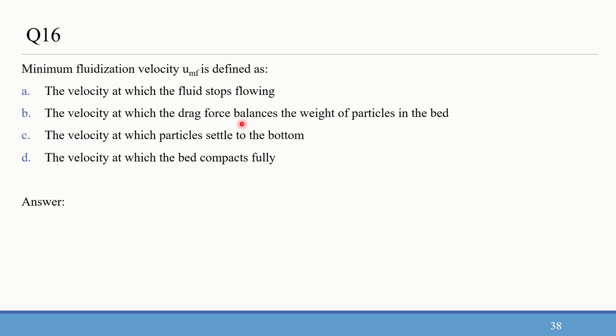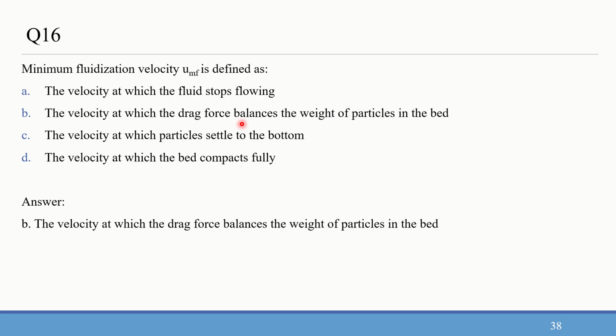What happens in minimum fluidization? The particles stay suspended. They neither move, nor stay closely packed as in the packed bed. The minimum fluidization velocity is the velocity at which the minimum fluidization condition is achieved. At that condition, the drag force just balances the weight of the particles.